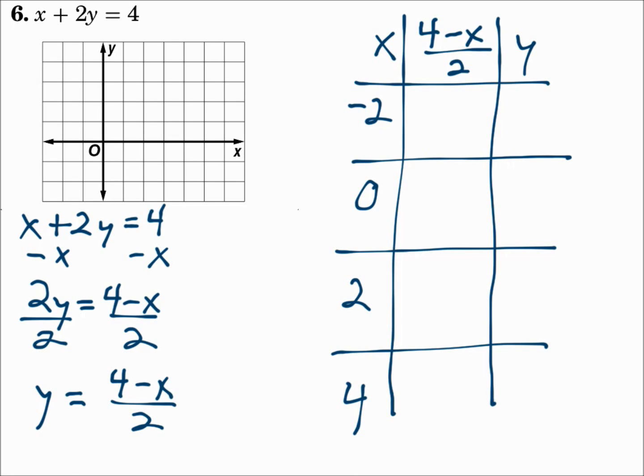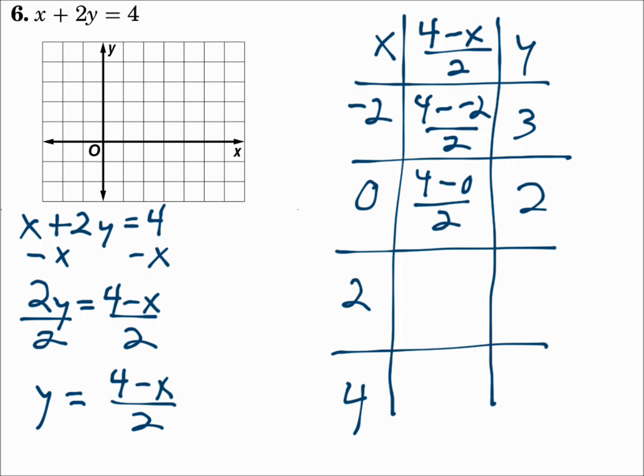Next, substitute the x values in. When x is -2, that's 4 minus -2 all over 2. 4 minus -2 is really 4 plus 2, which is 6. 6 divided by 2 is 3. When x is 0, 4 minus 0 all over 2. 4 minus 0 is 4, divided by 2 is 2.